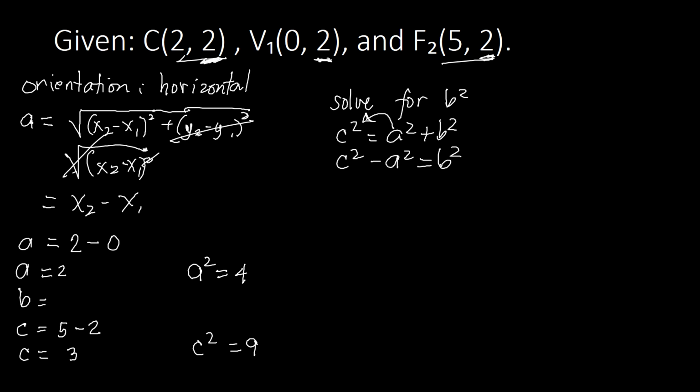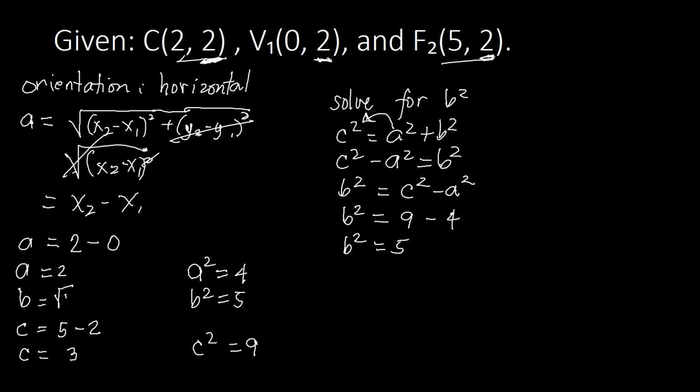Swapping those places, we have b squared equal to c squared minus a squared. Plugging in, b squared is equal to our c squared, which is 9, minus our a squared, which is 4. Our b squared is equal to 5. So since b squared is 5, our b here is the square root of 5.